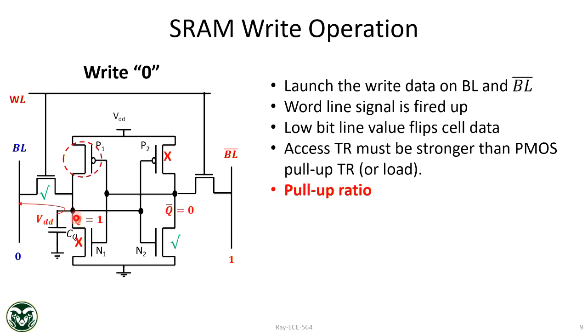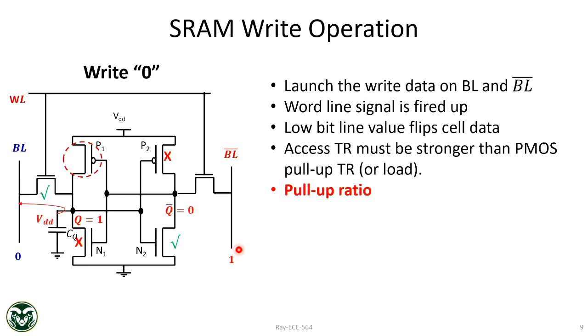Okay, because this is at high. So this high voltage keeps this PMOS off. You need to turn on this PMOS. Or in other words, you need to turn on this NMOS using this Q bar voltage, right?